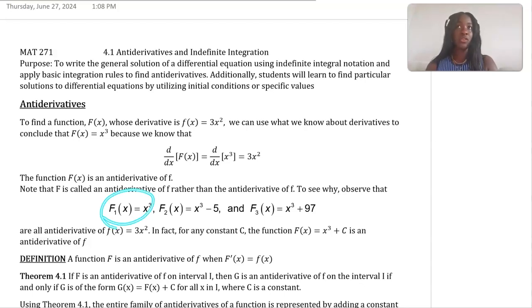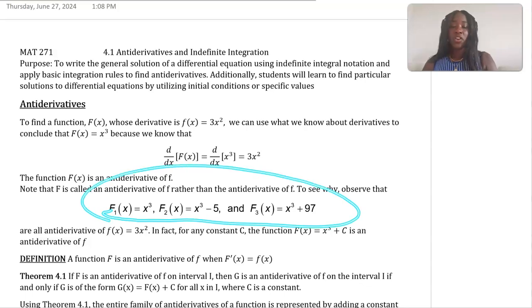Yes, I can take the derivative of x cubed and get 3x squared, but I could also take the derivative of x cubed minus 5 and still get 3x squared, because the derivative of the minus 5 would just go to 0, since the derivative of any constant is 0. Similarly, the function x cubed plus 97 would also have a derivative of 3x squared, because the derivative of x cubed is 3x squared, and the derivative of 97 is 0.